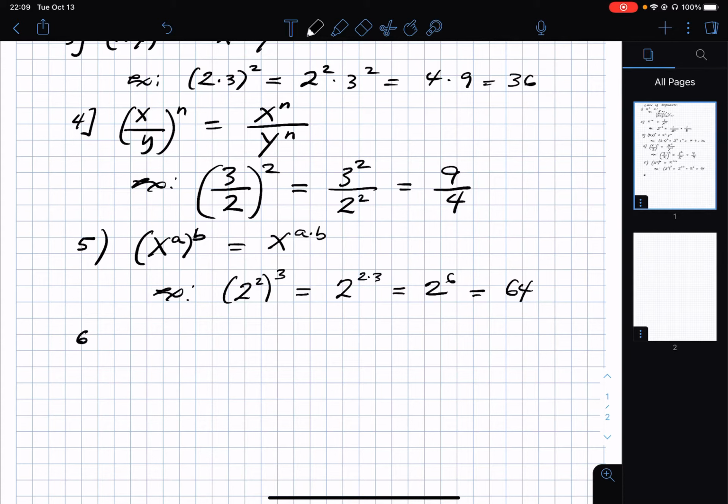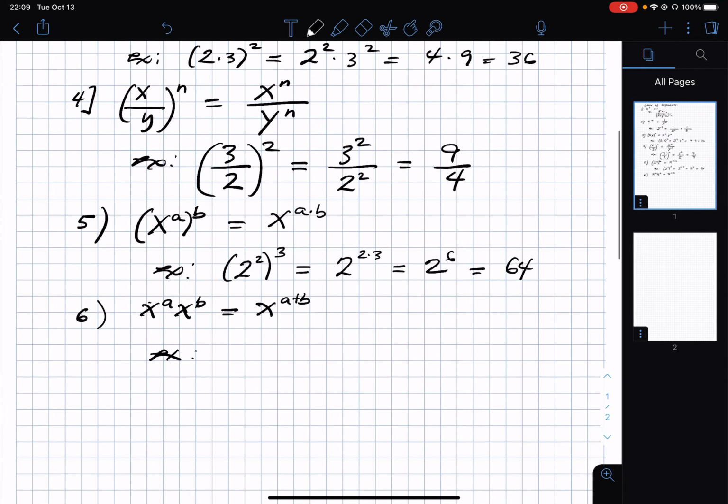Okay, problem 6. You have x raised to a times x raised to b. That will be equal to x raised to a plus b. That is your exponent.